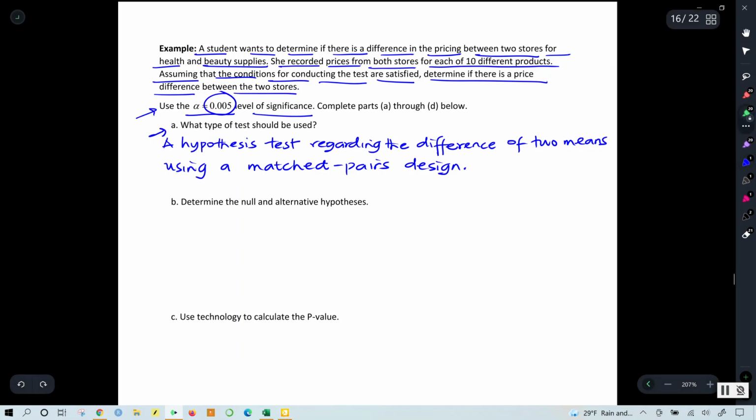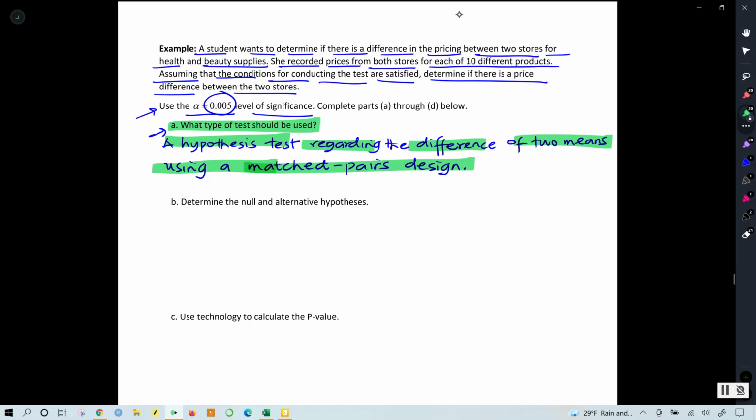The correct answer to this question is a hypothesis test regarding the difference of two means using a matched pairs design. That's because you have two stores, store 1 and store 2. You pick product A from store 1 and record the price. The same product in store 2, you record the price.